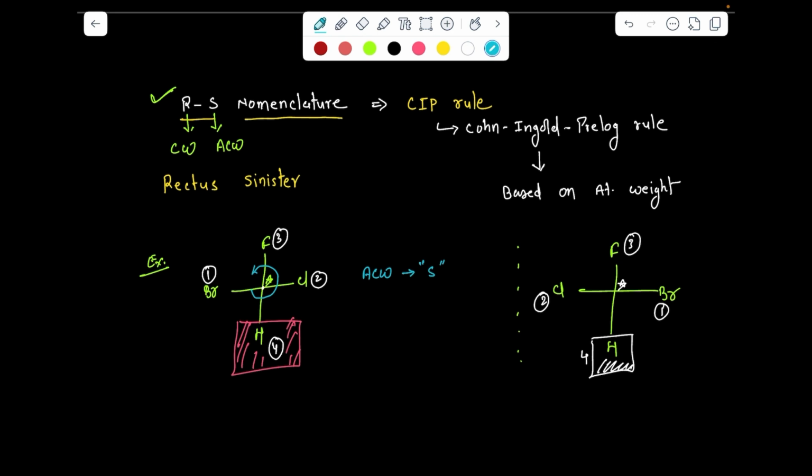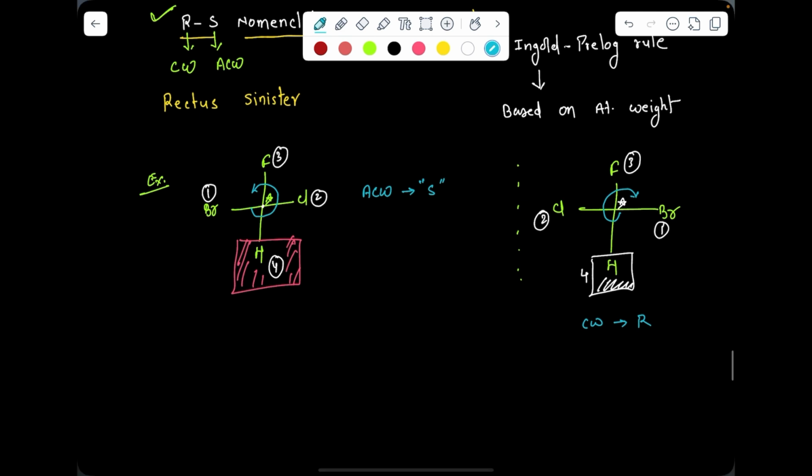Again we start moving from 1 to 2 to 3, and it is happening in a clockwise manner. Clockwise means it becomes R. So remember that the S mirror image is always R and the R mirror image is always S, meaning one should be dextro and the other levo. Clockwise, indirectly we could say, is dextro, and S means levo.